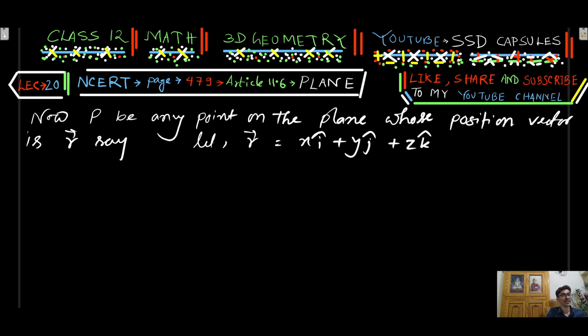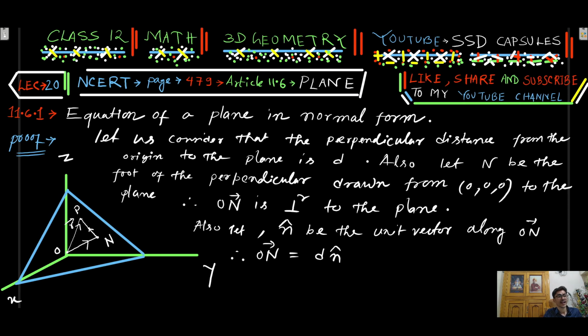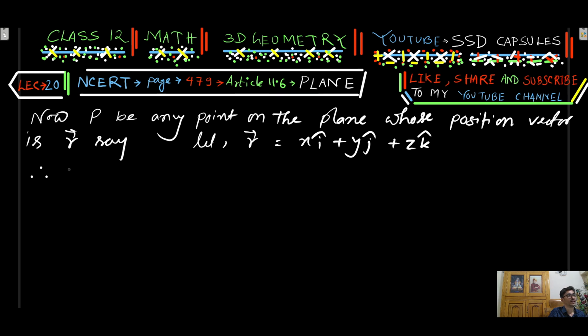Now as P is a point on the plane and N is also a point on the plane, so NP vector lies on the plane as we have discussed in the model.